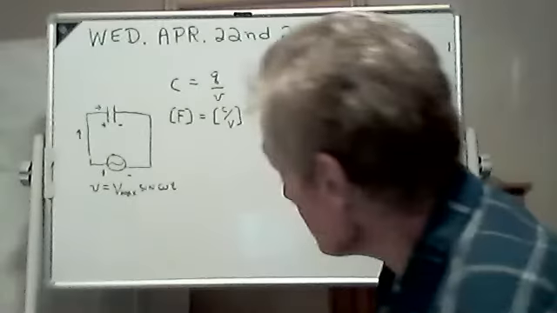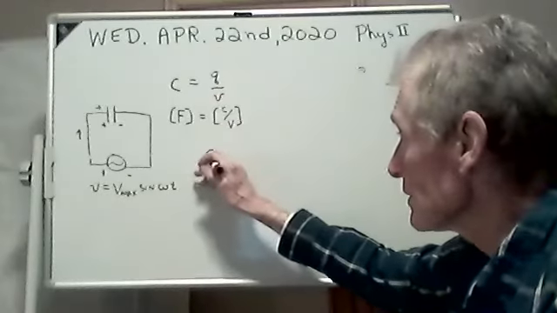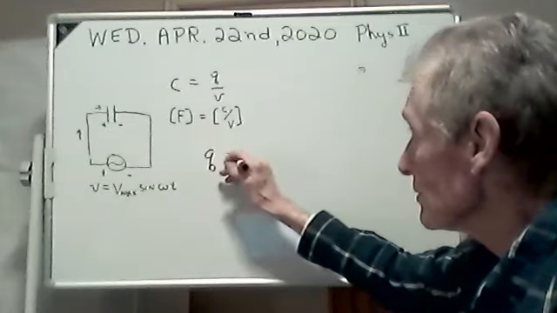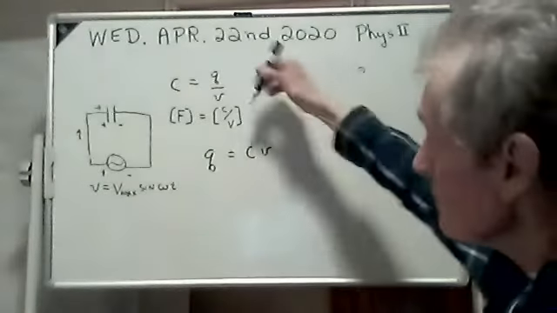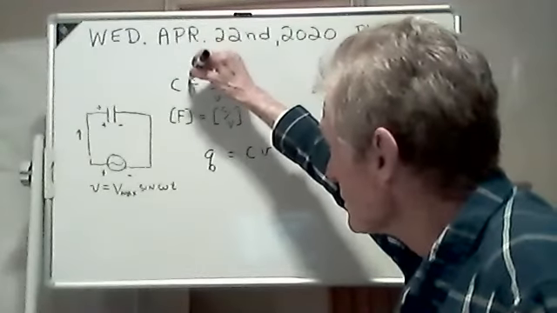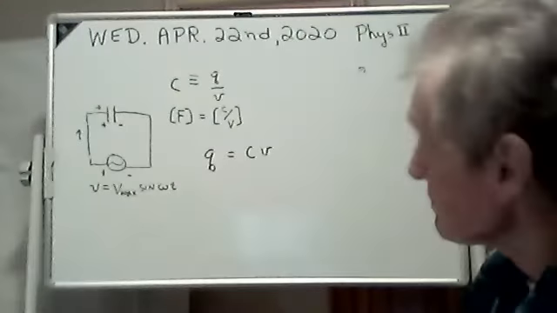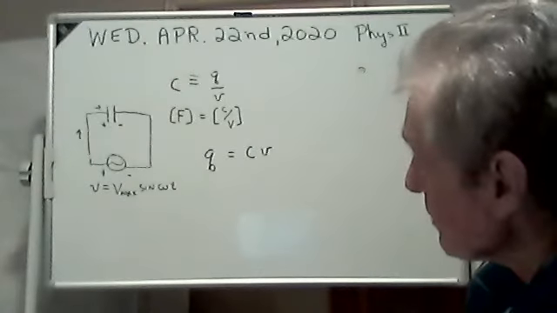Okay. Well, so what? Well, look at this now. See if you can get to here with me. Q equals C times V. This is really a definition, guys. That's the definition of capacitance. And so you can get from there to here, no problem. Good going.